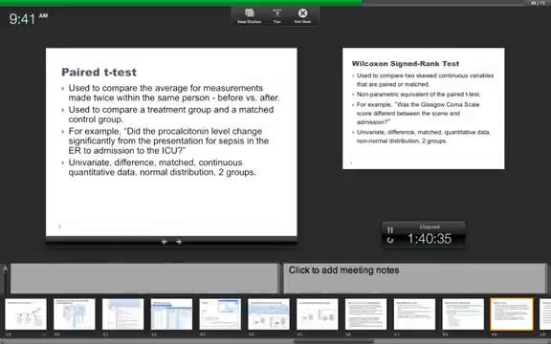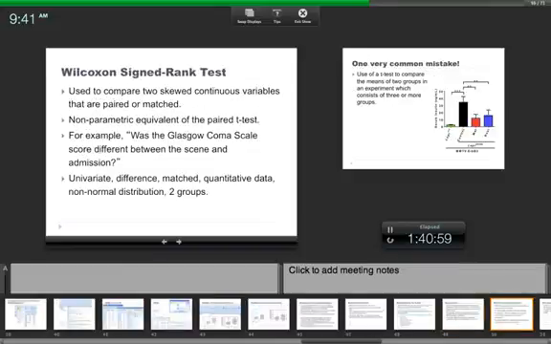We're talking about the before and after, the values from the same patient. It's a univariate test looking at the difference of the means, matched samples, continuous quantitative data, and because it's a t-test it has to be normal distribution, and this is a comparison between two groups.